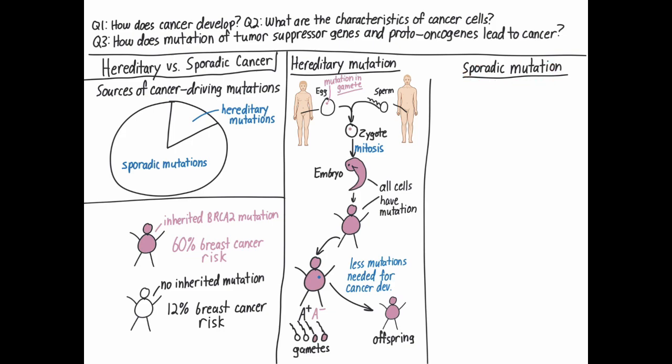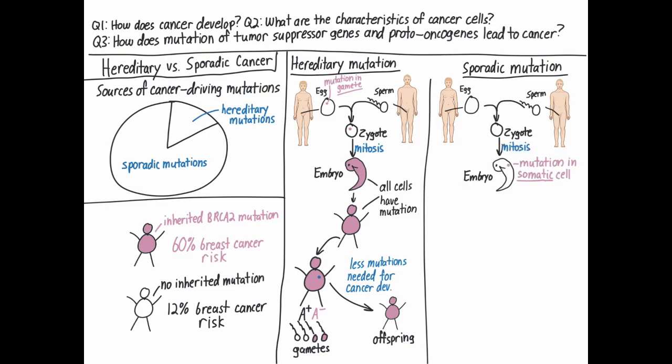Sporadic mutations are not passed on by parents, so the zygote doesn't have any. However, when the zygote divides by mitosis, mutations can occur in one of the somatic cells. This can occur at any time, early in embryonic development, as shown here, or very late in life.